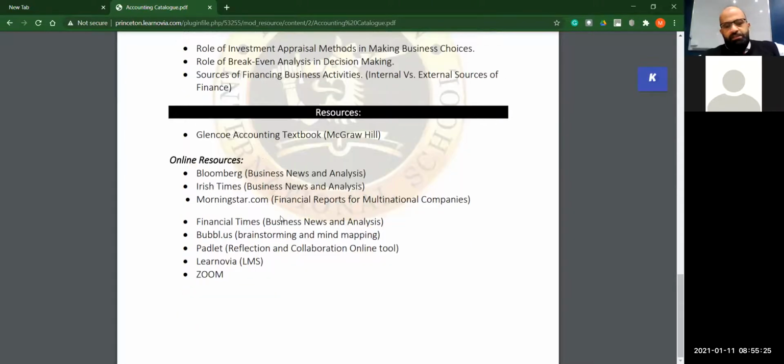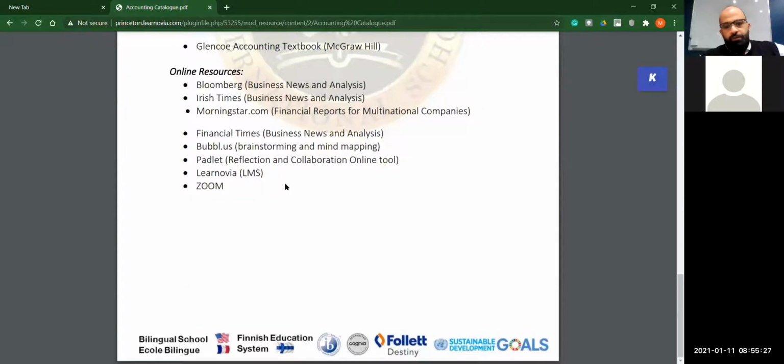In the last section of the document, you're going to find a number of resources. Bloomberg, this is a website with articles on business and accounting and economics, so this is very important.